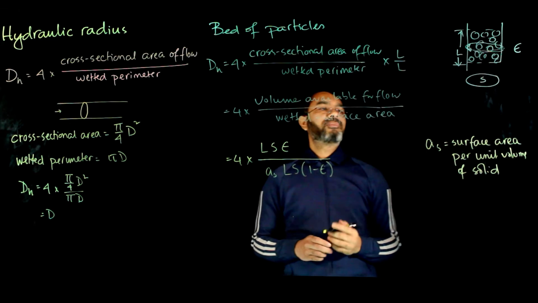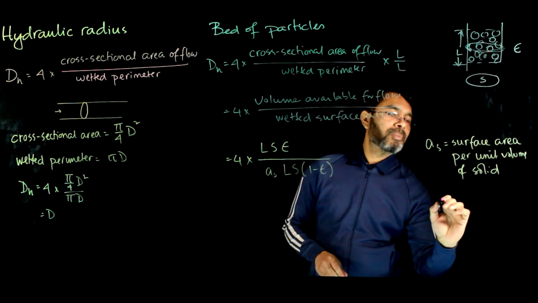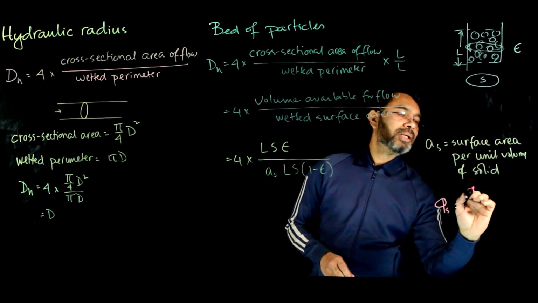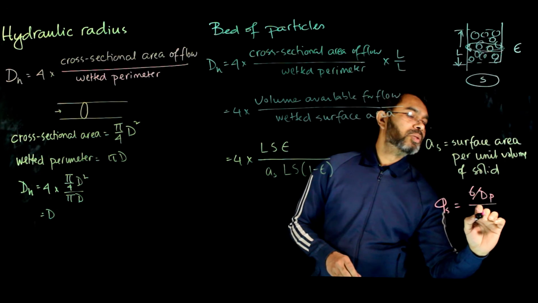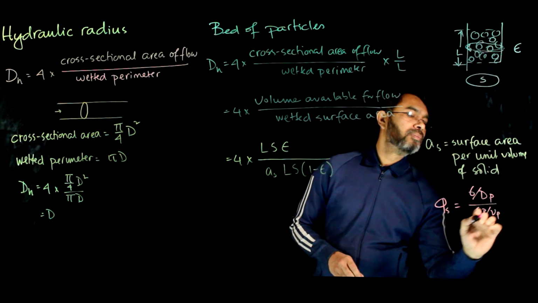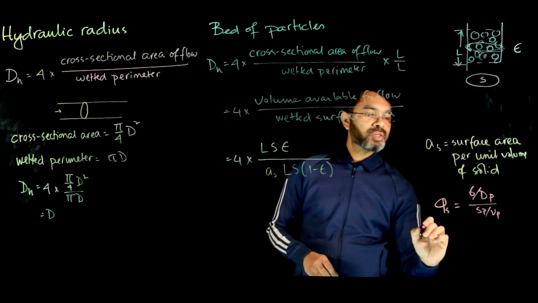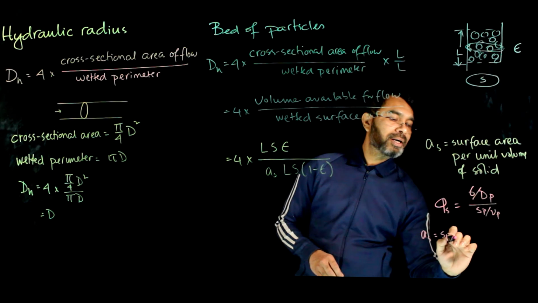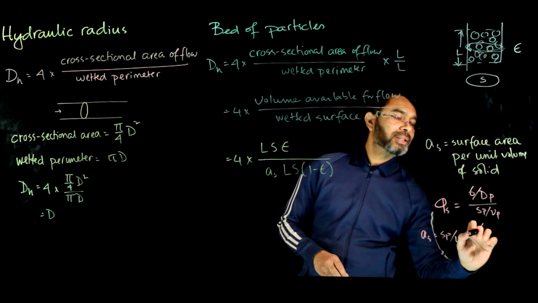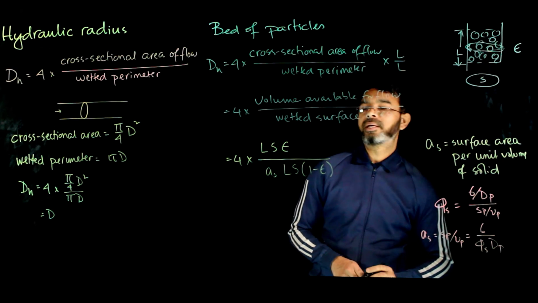Now we get a relation between this surface area and other terms. We have the definition of phi s to be 6 over dp, Sp over Vp. So aS is nothing but Sp over Vp, which is given as 6 over phi s dp.